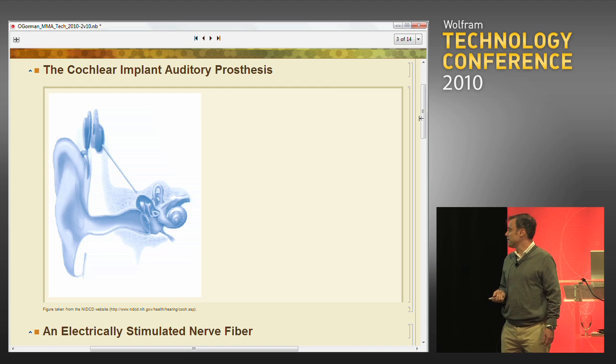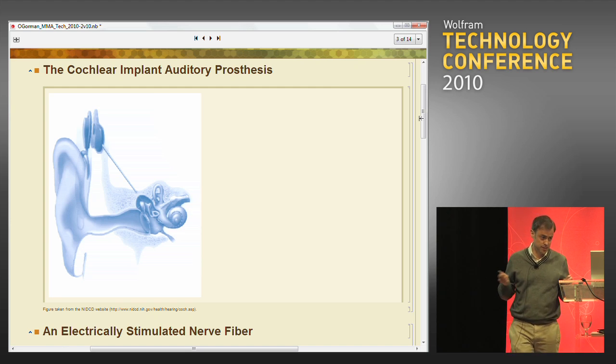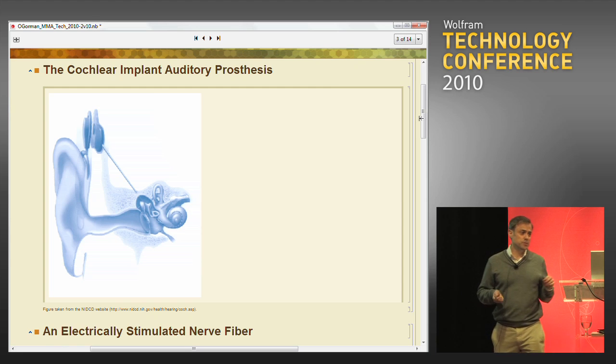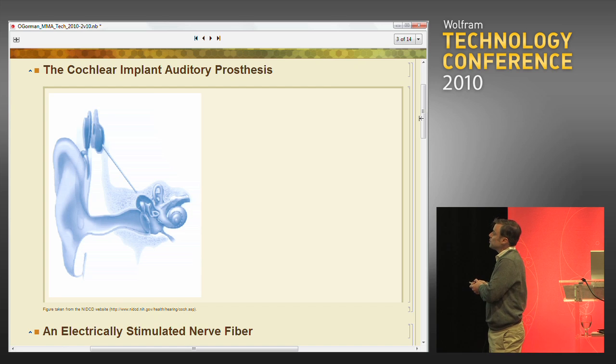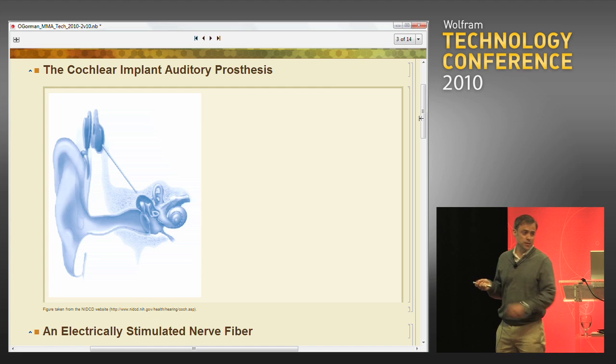There are roughly 3,500 of these sensory cells. And these sensory cells ultimately electrically excite auditory nerve fibers that comprise the auditory nerve. There are roughly 35,000 auditory nerve fibers.